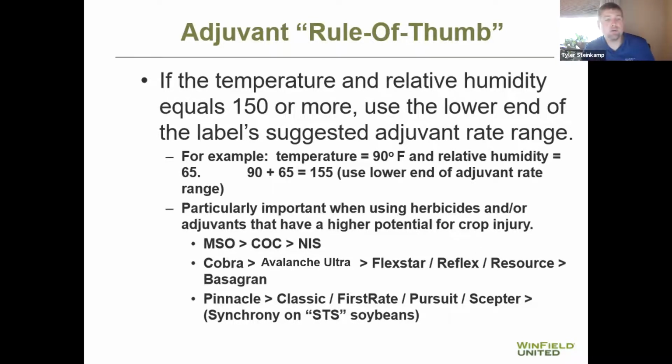Don't take it out, just back off on the oil rates that you have in the tank. Okay, and this is true of a lot of herbicides, guys. We want to be very, very cautious when we get a relative humidity and temperature above 150 when you add those two together. By the way, it has to be both.